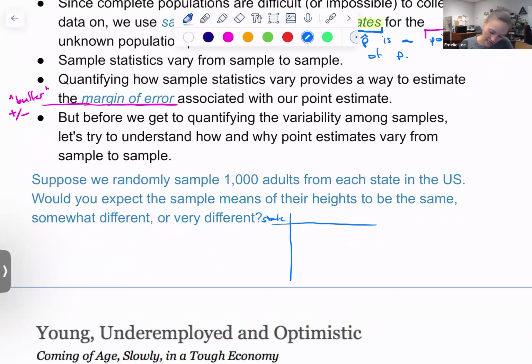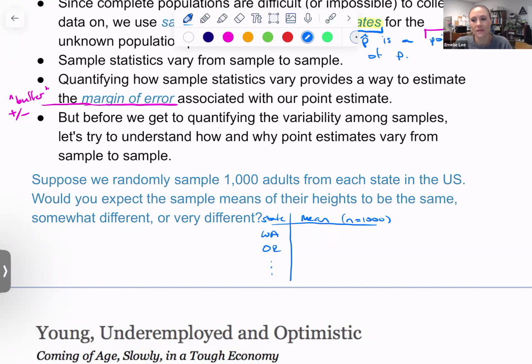I have a state. I'll just go Washington, Oregon, work my way down the coast. So what would this data set look like? Now I have the mean height of a sample of size 1000.